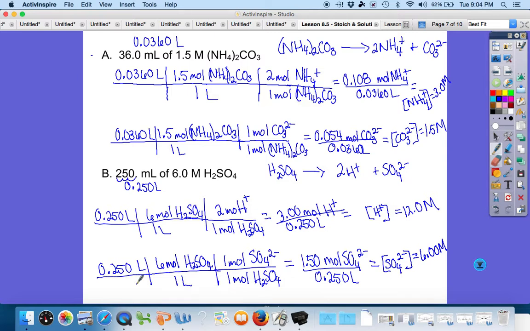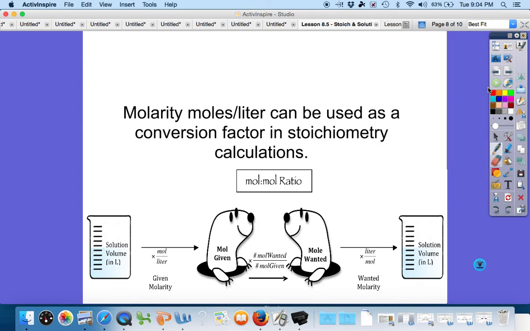So those are those 2 examples. So the molarity equals moles per liter, and that can be used as a conversion factor in our stoichiometry calculations, which is what we've already been doing.